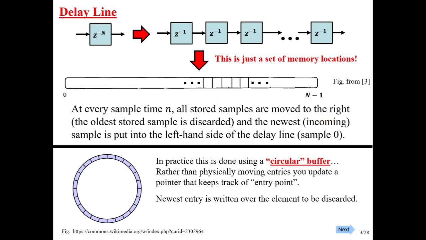So we can kind of think about this wrapping around. And we call this a circular buffer, but in an actual processor, it would be laid out in linear memory. But we would think about this last memory element being conceptually adjacent to that one.